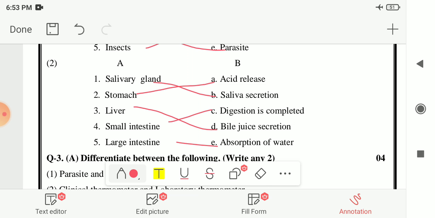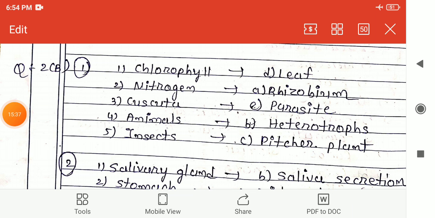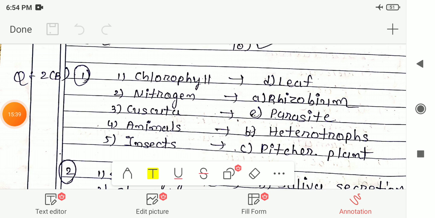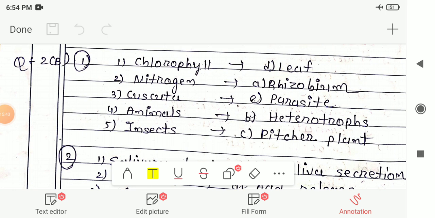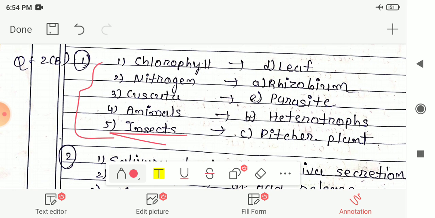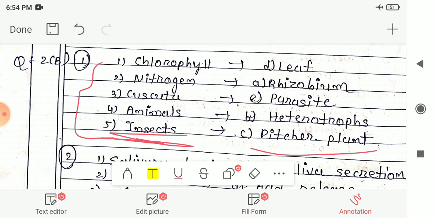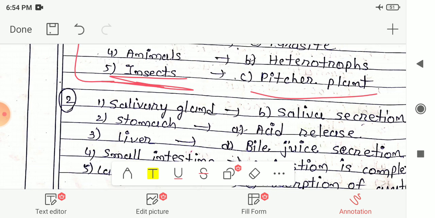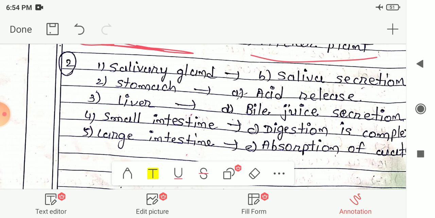So your answer is option E. So this one is the answer for your matching. Here the answers for the matching are given to you. You can write your answers like this. In the first column you have to write the questions, and on the opposite side you can write the answers directly. So this one is the answer for the first matching, and this one is the answer for the second matching.